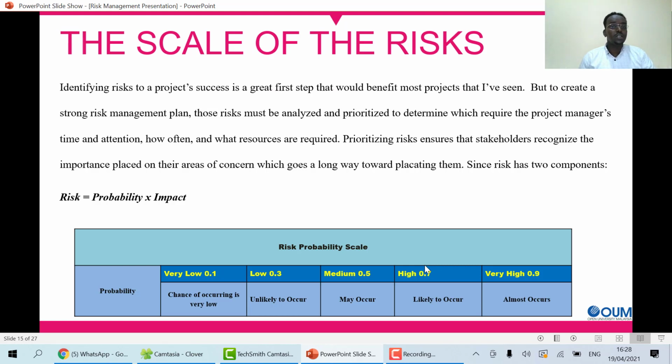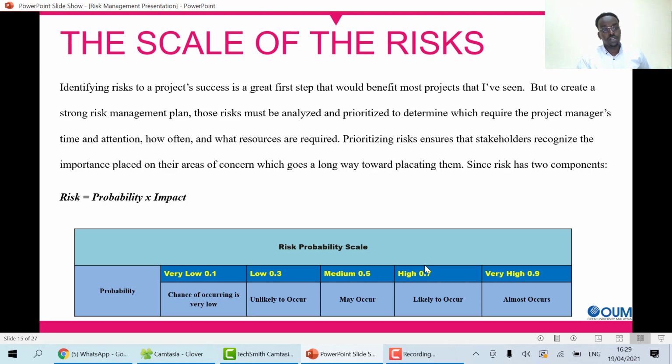After identifying all possible risks of our program or project, we want to prioritize them. In order to prioritize, we have to measure the probability and the impact of each risk.